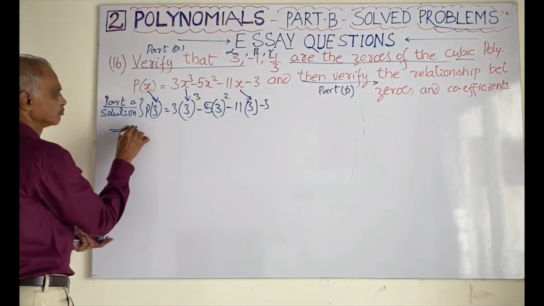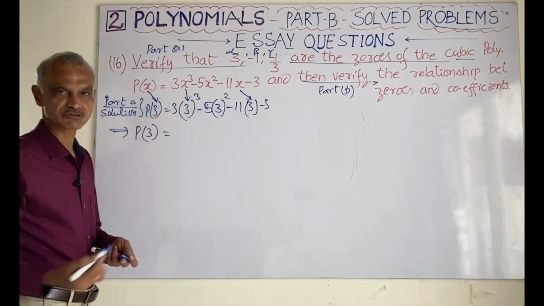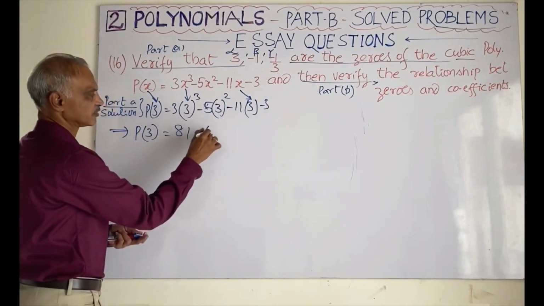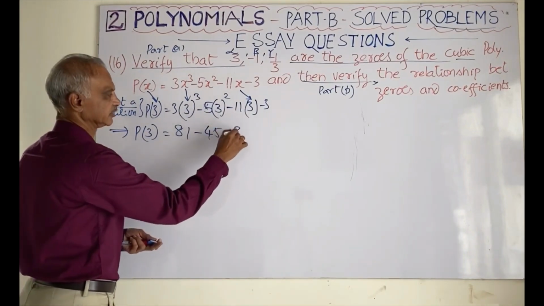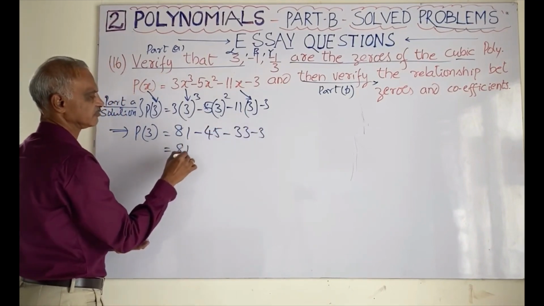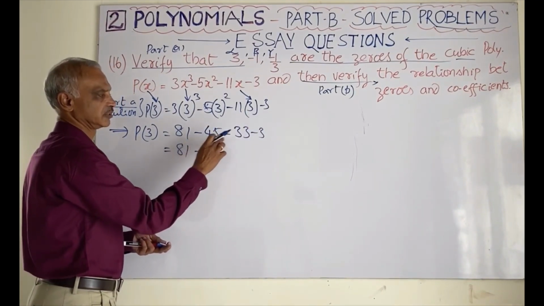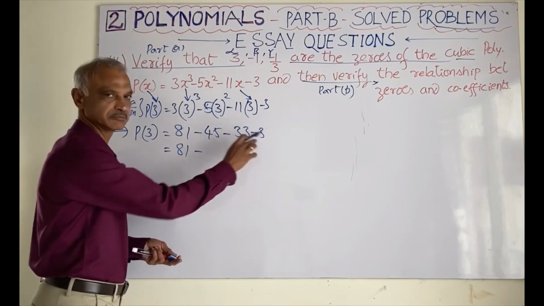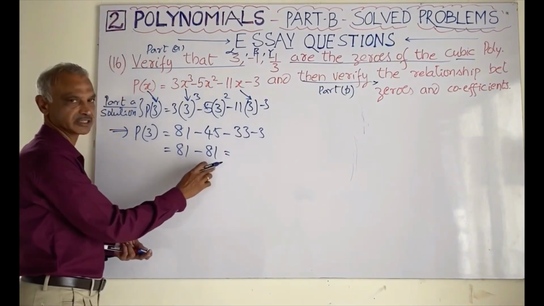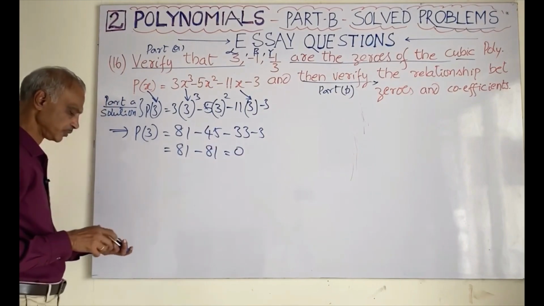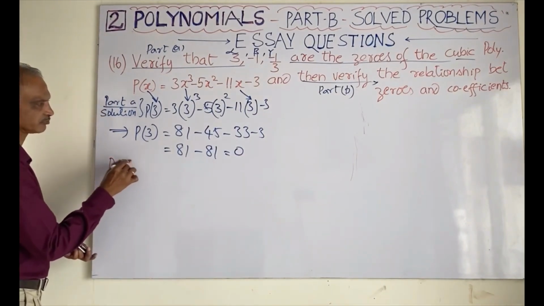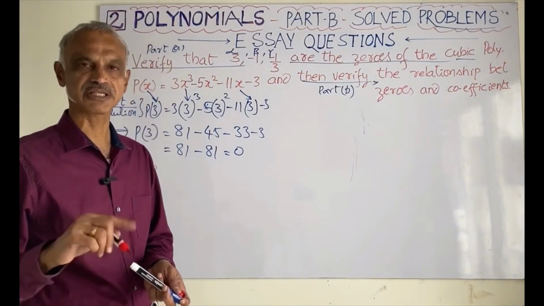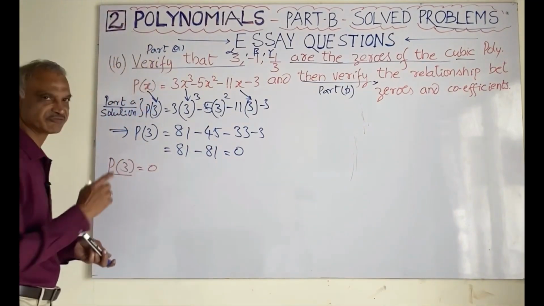Implies P of 3 is equal to 3 cube means 27, 27 into 3 is 81, minus 3 square means 9, 9 5s are 45, minus 11 3s are 33, minus 3. 81 minus 45 minus 33 is minus 78, minus 78 minus 3 is minus 81, 81 minus 81 is 0. Here you got P of 3 is equal to the remainder. Remainder you got 0. Then you can say 3 is the zero of the polynomial by factor theorem.